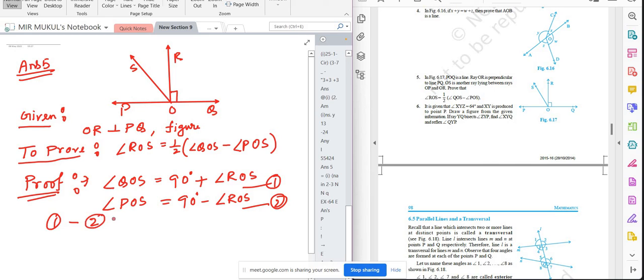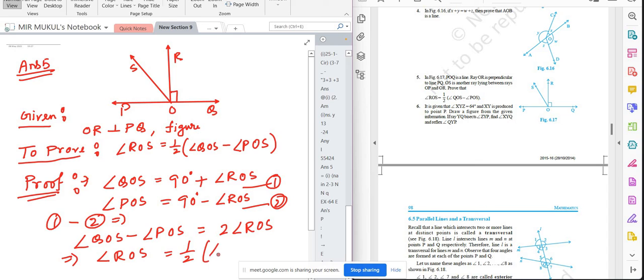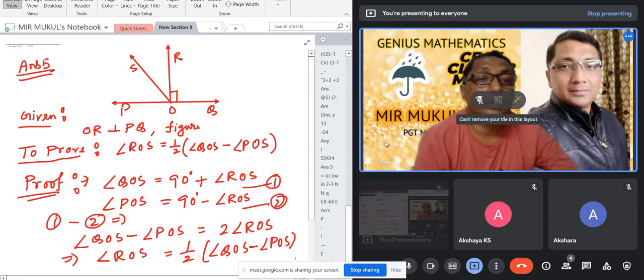If you subtract these two equations, we are getting angle QOS minus angle POS. Then 90 will be cancelled. We'll get 2 angle ROS. So we can say ROS equals half of angle QOS minus angle POS. Hence proved. So understood? Understood, Akshay?